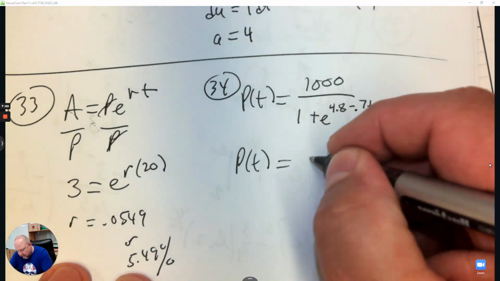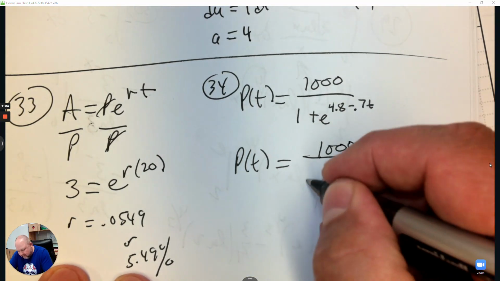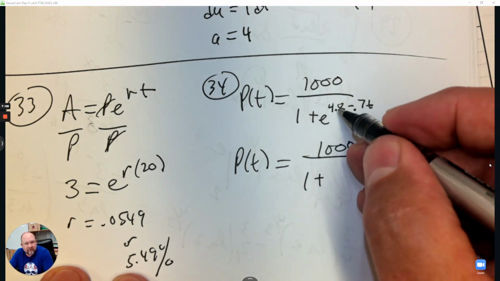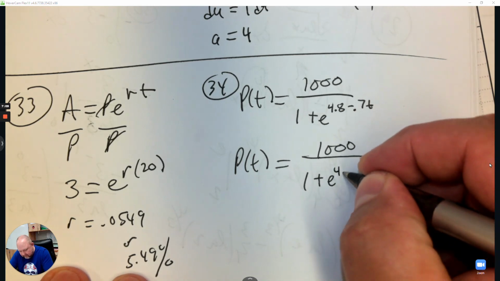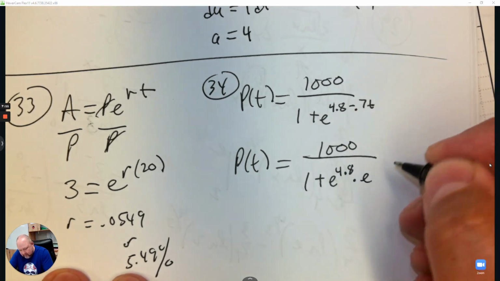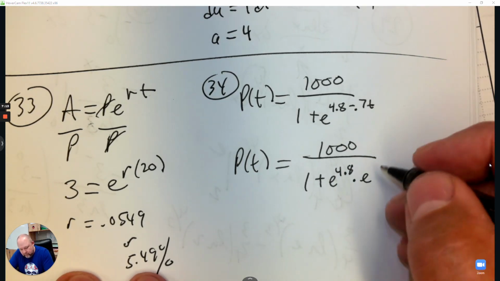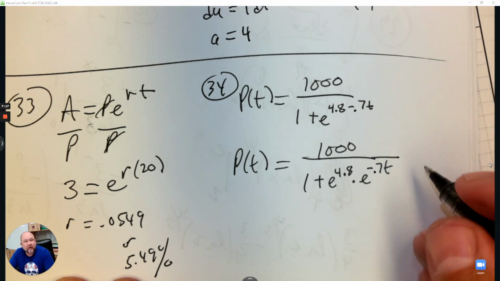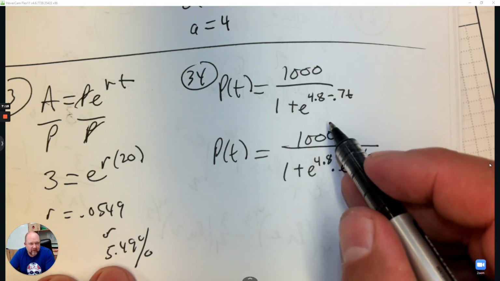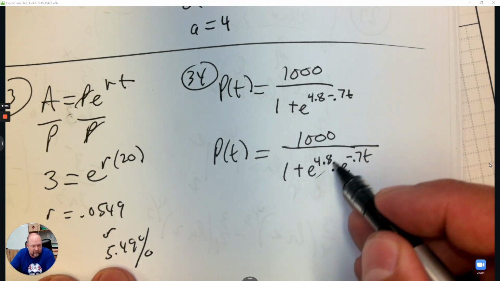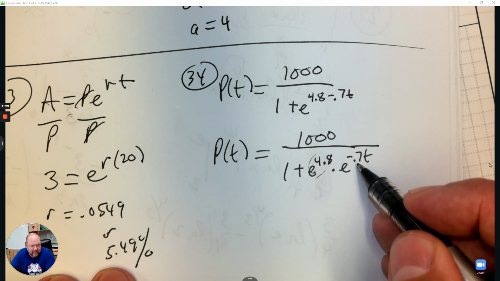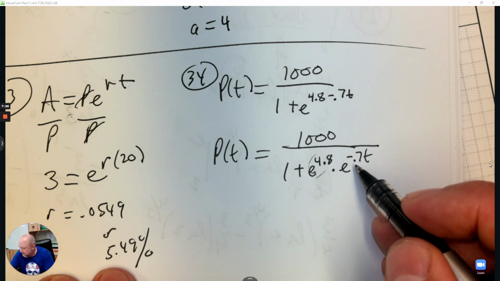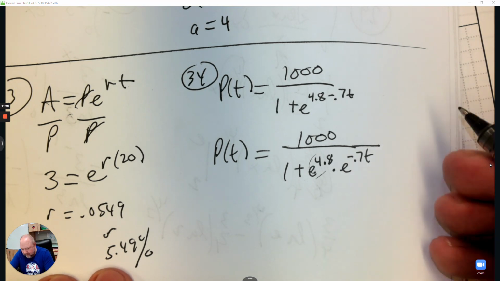I'm going to change the way it looks because I need that C value. So e to the 4.8 is actually what C equals. So if you think of the formula, which is M over 1 plus C, this is the C value, and that's the K times M value. It says find the K value.